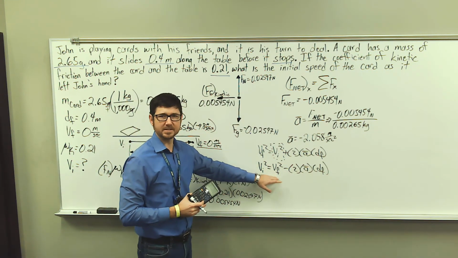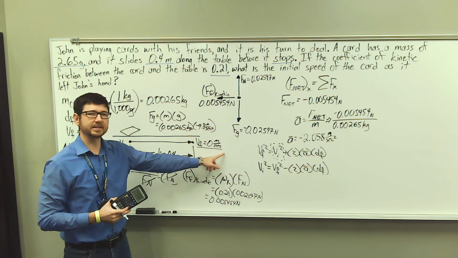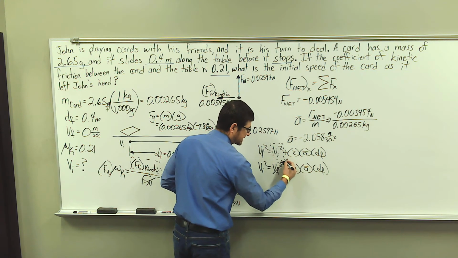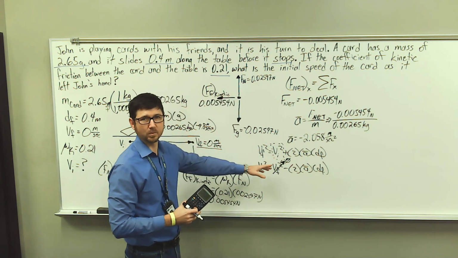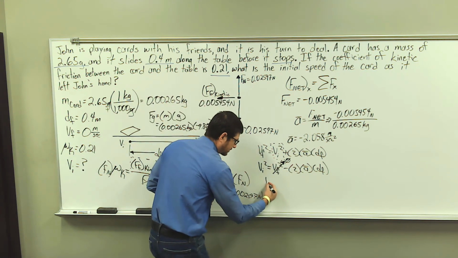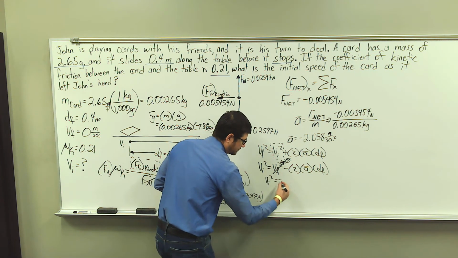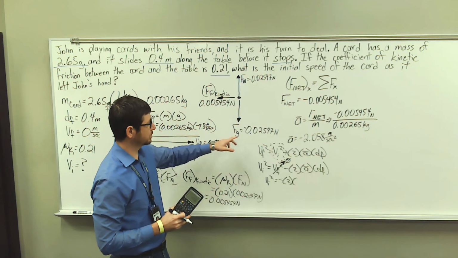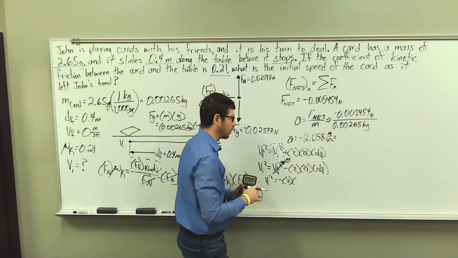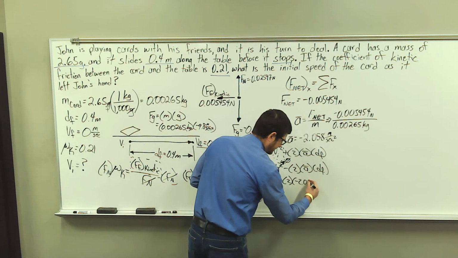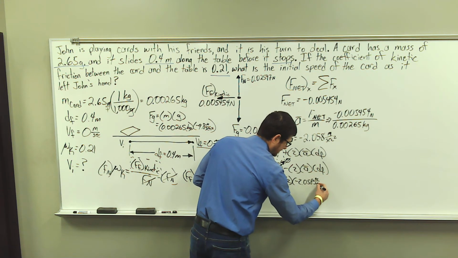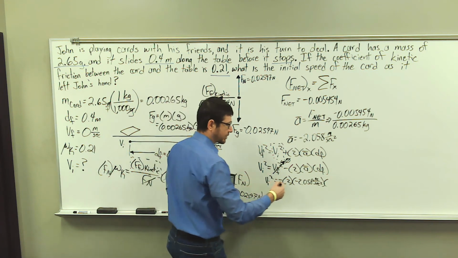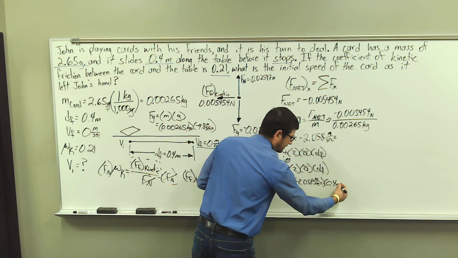Now the final velocity of the card, we already know it's 0, so we don't need to mess with it anymore because this goes to 0, and we know 0 squared is 0. So our initial velocity squared is equal to negative 2 multiplied by our acceleration, which is a negative 2.058, multiplied by the displacement of the card, which is 0.4 meters.